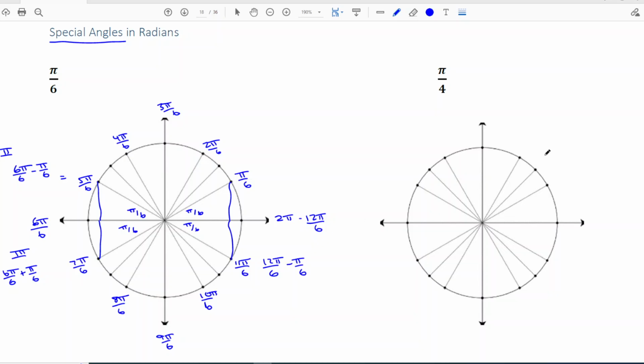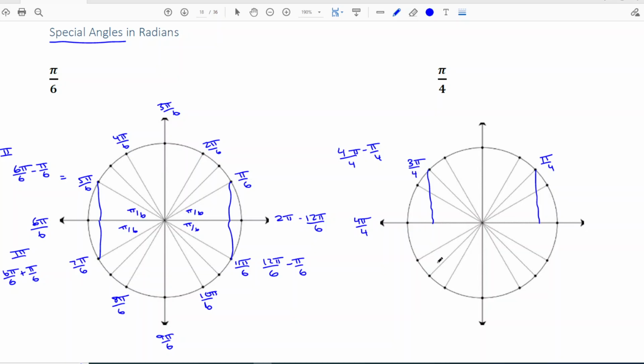If we do the same thing with pi by 4, this is my reference angle of pi by 4. If I was to draw that in the second quadrant, you could think of pi minus pi by 4. So what would this angle be? Well, pi with a denominator of 4 would be 4 pi by 4. So 4 pi by 4 minus pi by 4 would leave me with this angle being 3 pi by 4.